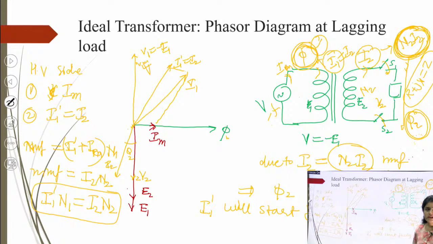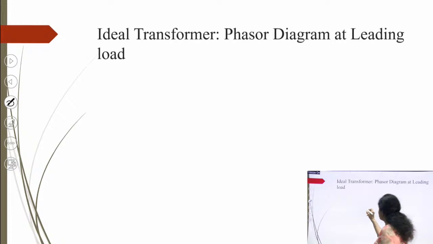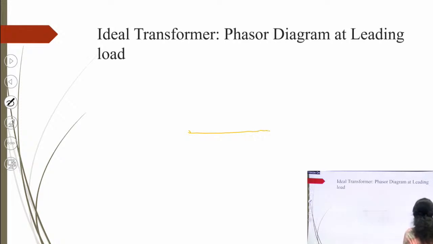Now we will see if the load is leading, that means if it is a capacitive load, how we will be able to draw it. So now if the transformer is ideal, just draw first, this for practice purpose, you can try even.